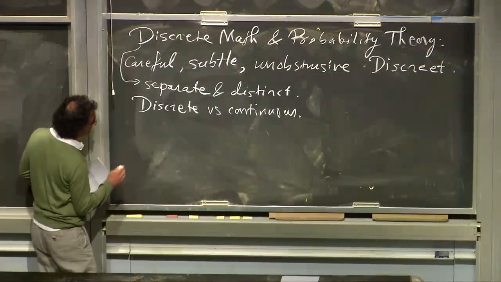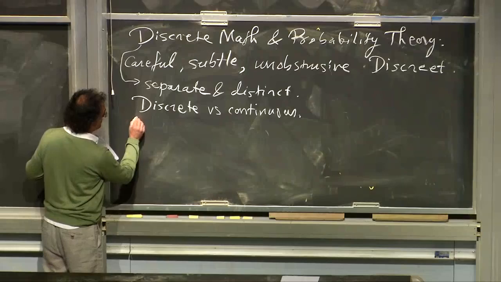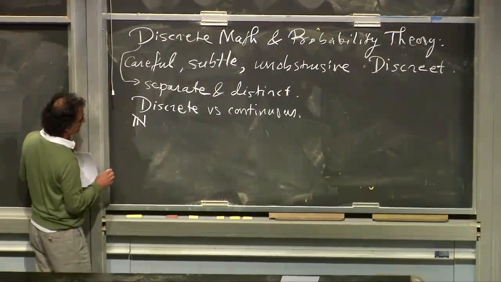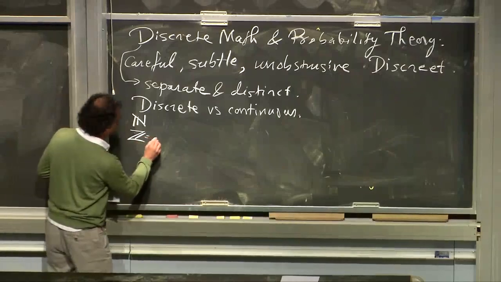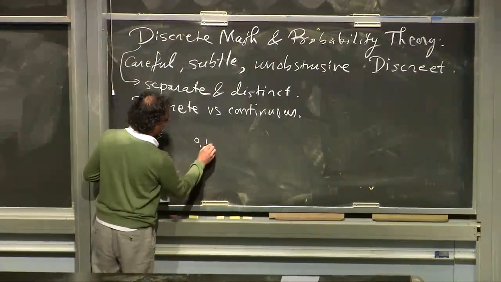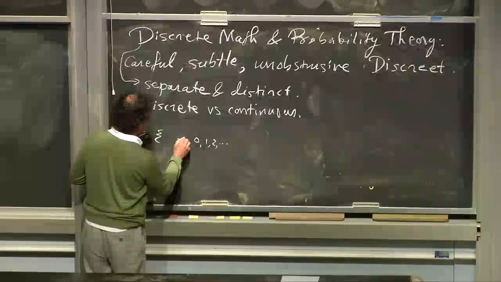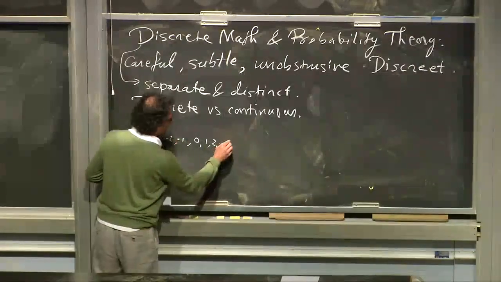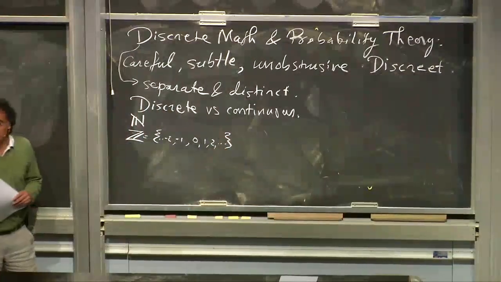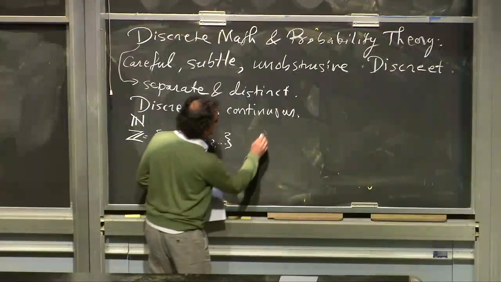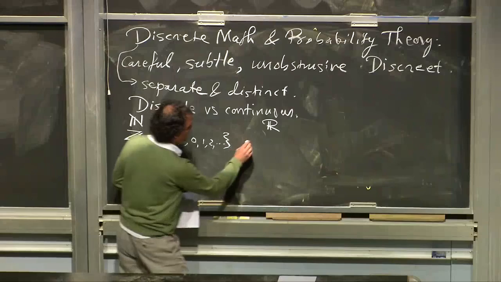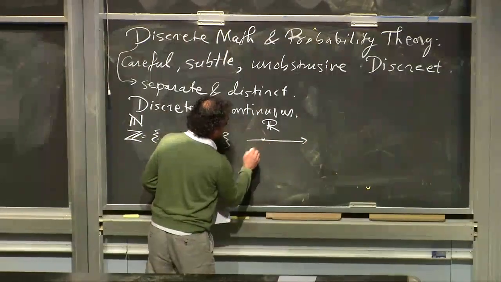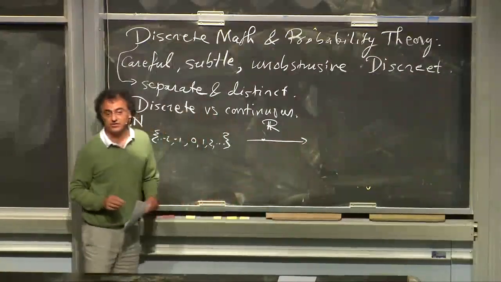Sorry, or the natural numbers. So remember the natural numbers N, or the integers Z, while continuous would be something like the real numbers. Right? So it's just the continuity of the entire line.